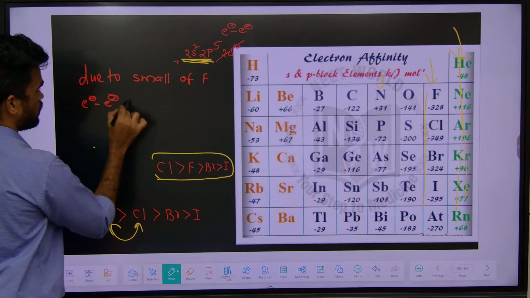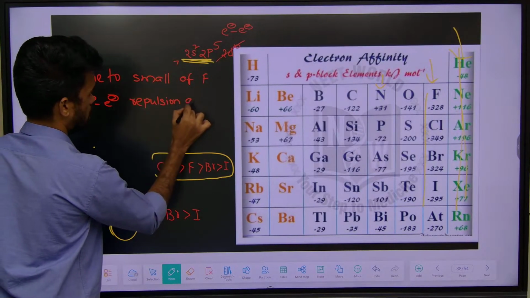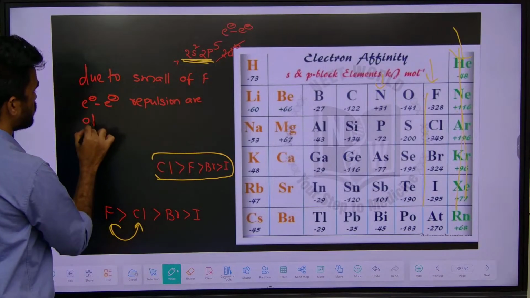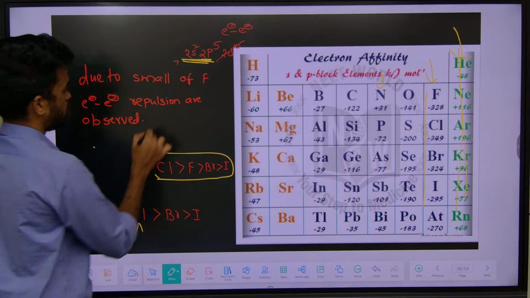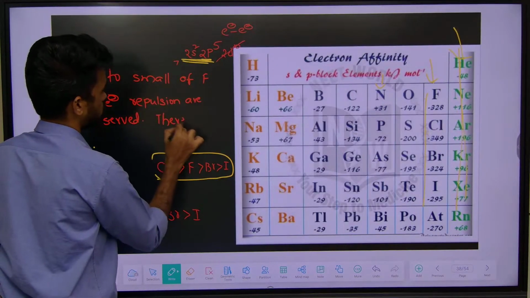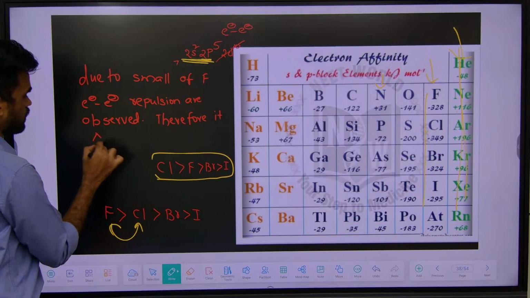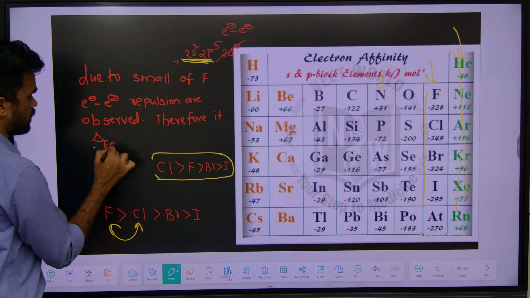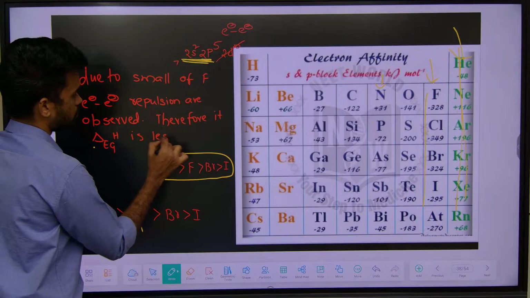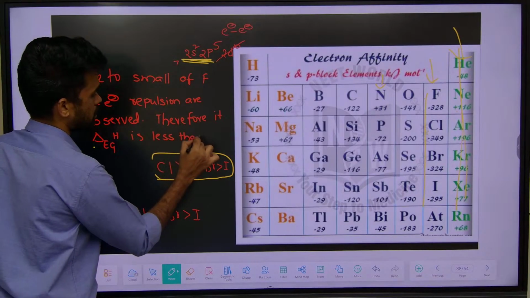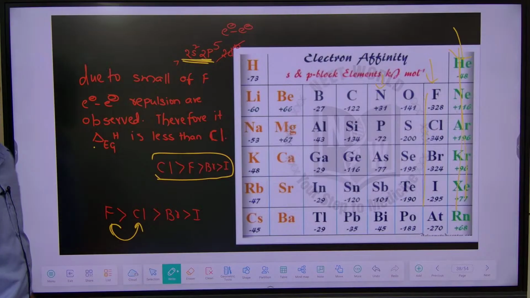electron repulsions are observed. Therefore, its electron gain enthalpy is less than chlorine. అర్థమైందా?